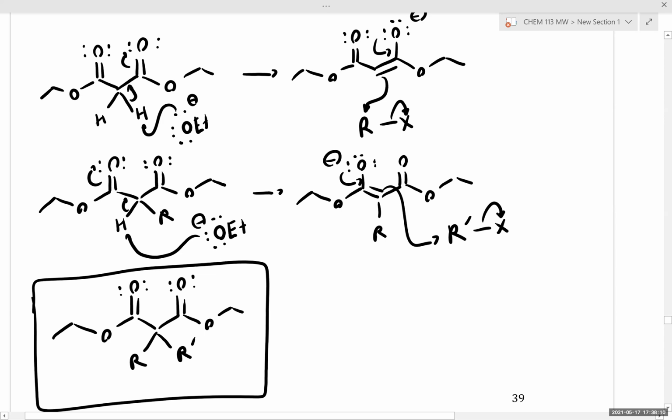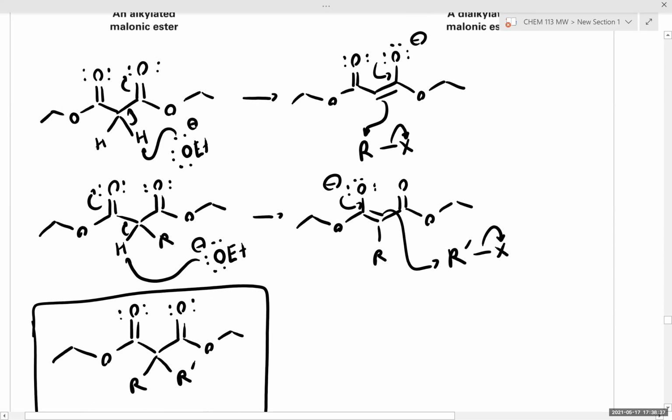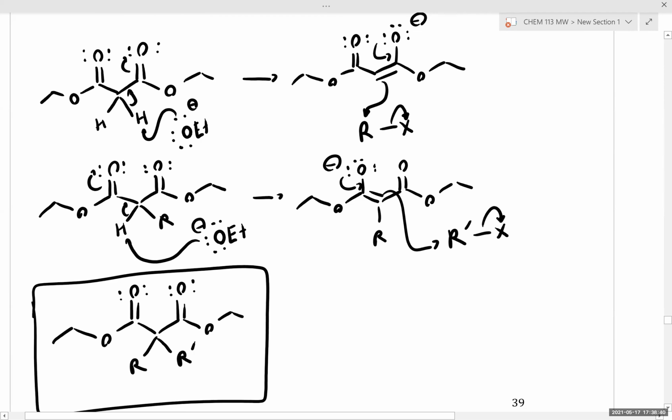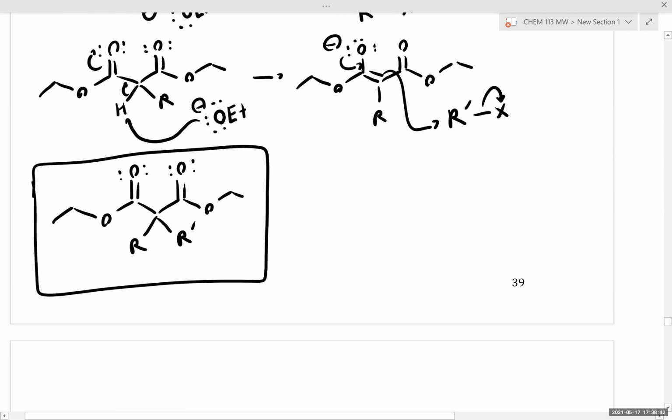Does this make sense to everyone? Any questions I can address on the mechanism for malonic ester alkylation? If we don't have any other questions, let's move on then.